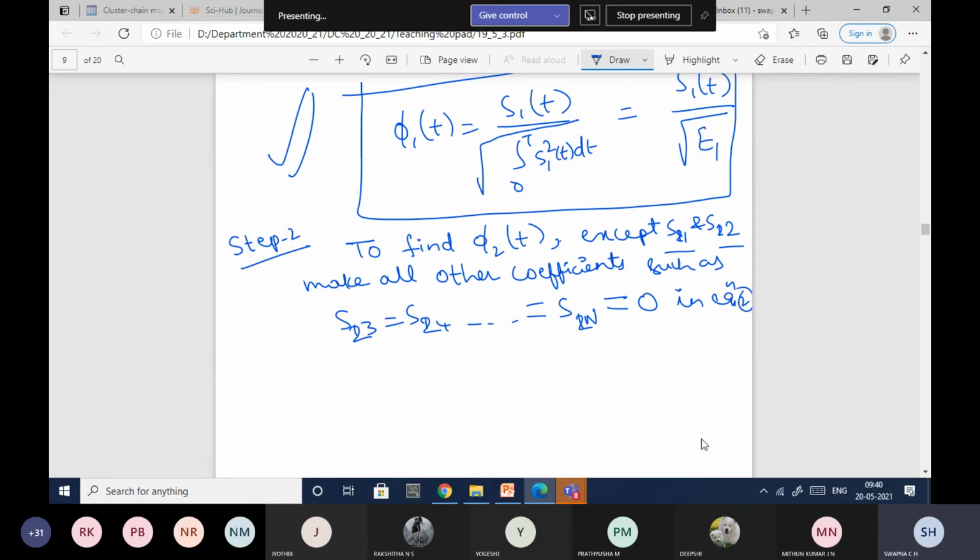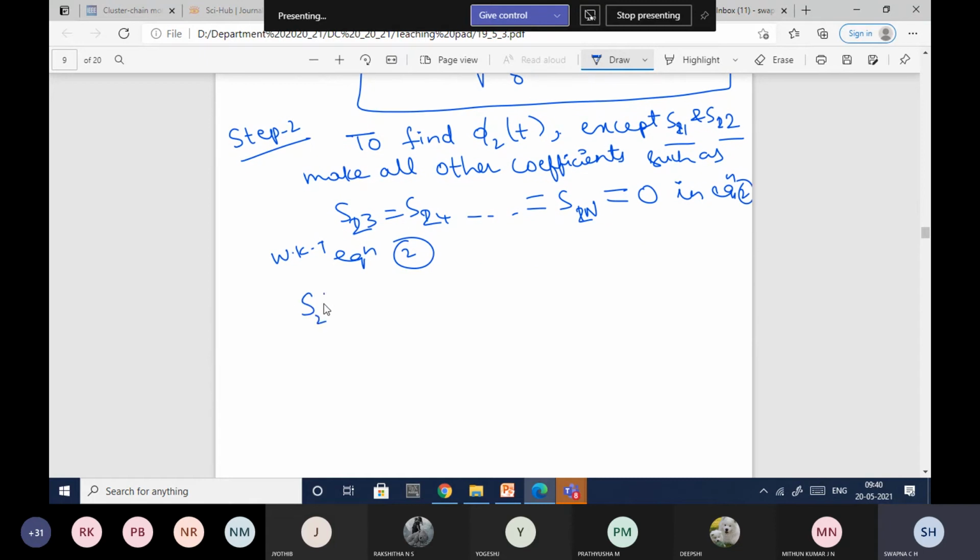So what happens to the equation? First, let me write equation 2. It is nothing but S2 of t is equal to S21 phi 1 of t plus S22 phi 2 of t plus S23 phi 3 of t plus so on plus S2n phi n of t.